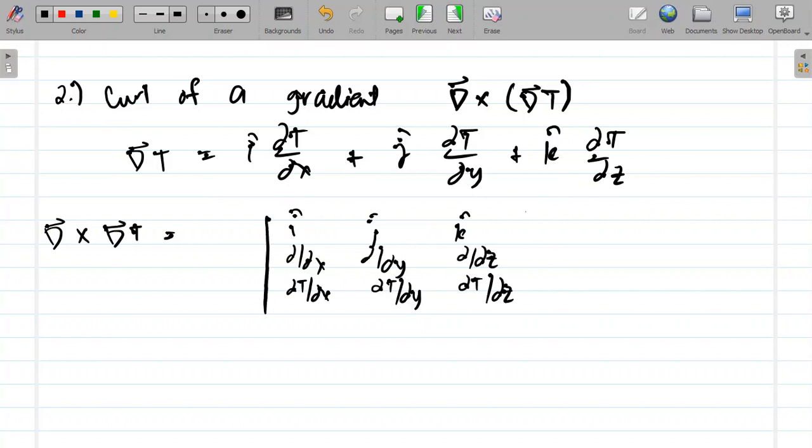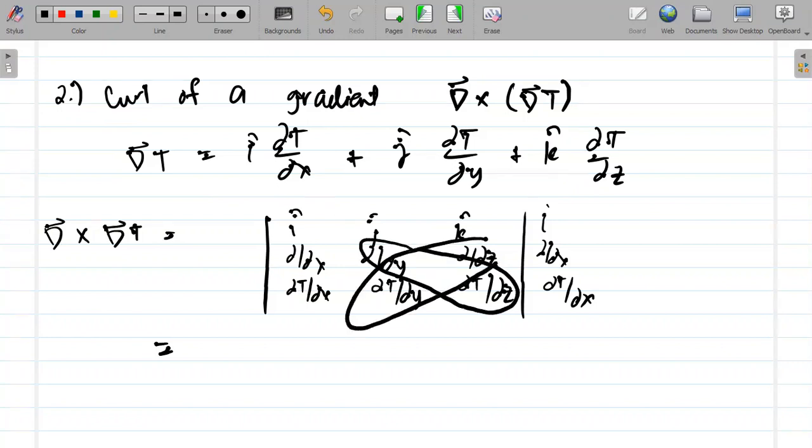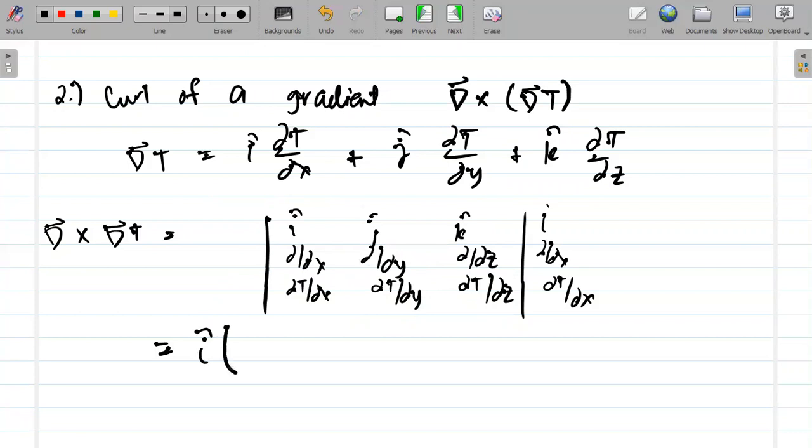Kunin natin yung determinant. So, i hat. Kunin natin tong dalawang to. So, yan ay i hat, class, sige nga, ano to? Partial y acting on partial T partial z.